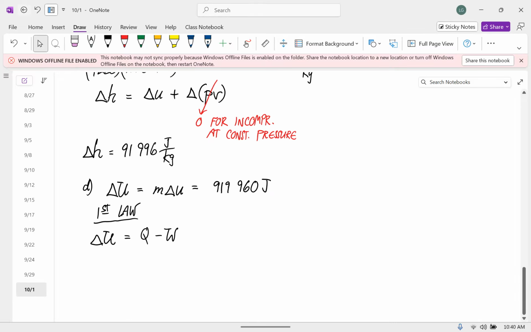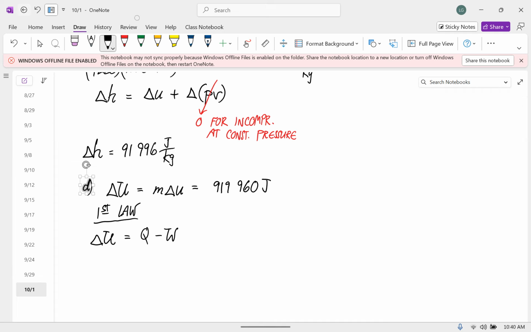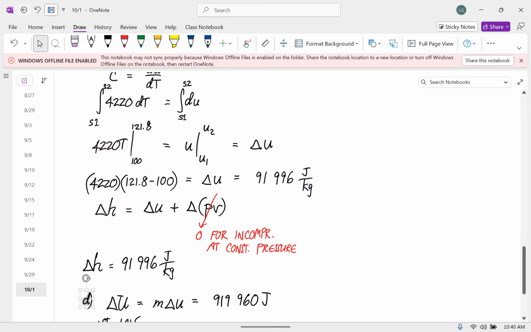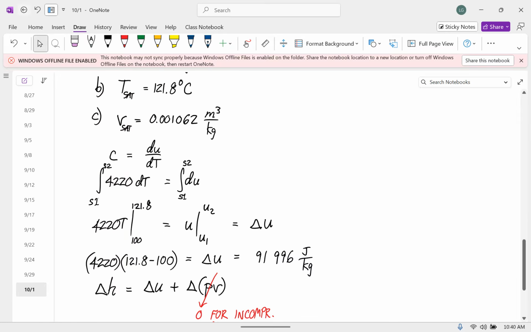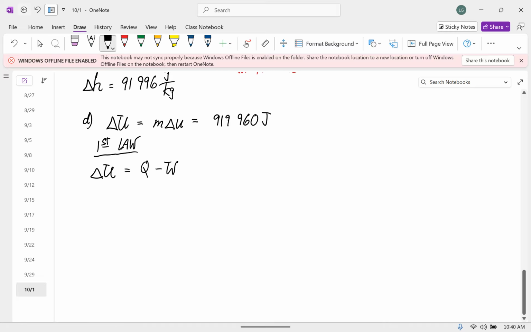I was hoping, at first I was thinking, if it says something about a fixed tank, then we know that the work is 0. Well, this can't be a fixed tank because the pressure is held constant. But we know the specific volume at the start and end.